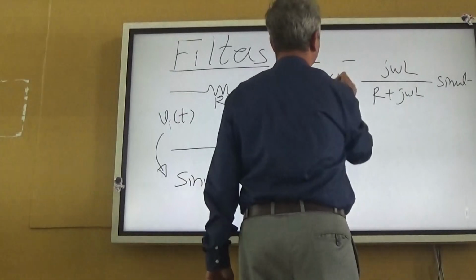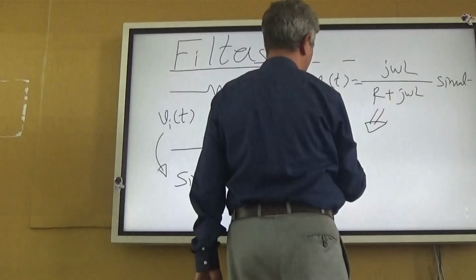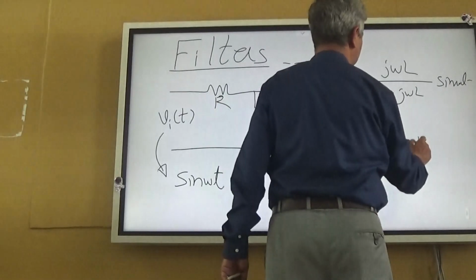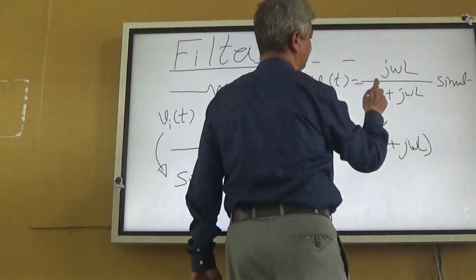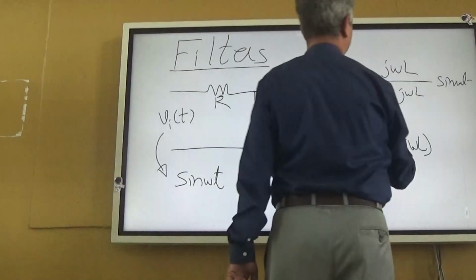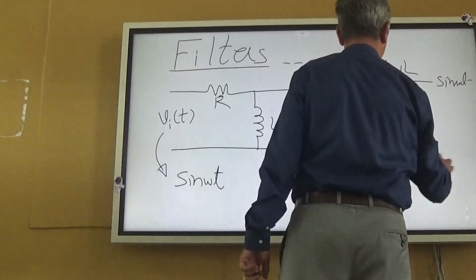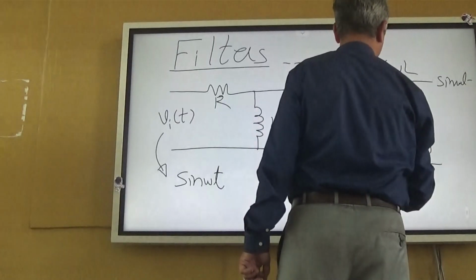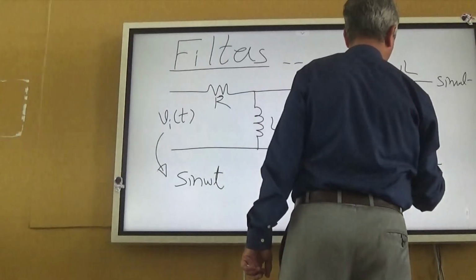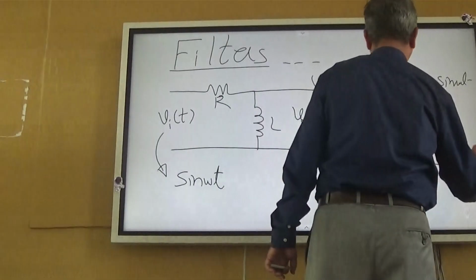Vo(t) is equal to, by rationalizing, j omega L into bracket R minus j omega L upon R square plus omega square L square, into sin omega t. Is it right?